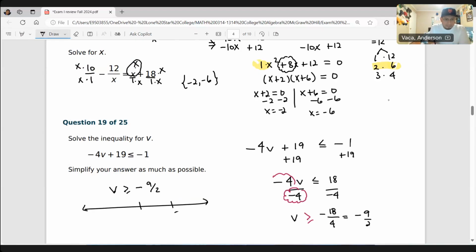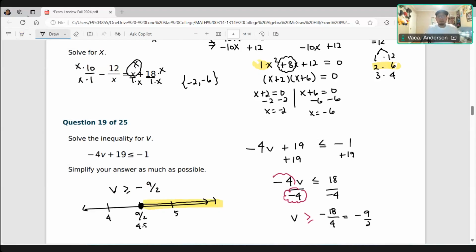This will be negative 5 here, this will be negative 4, this will be negative 9 over 2. So the graph will have a solid circle, and we're going to choose everything to the right of negative 4.5. Why? Because all these numbers to the right of it will be greater than.